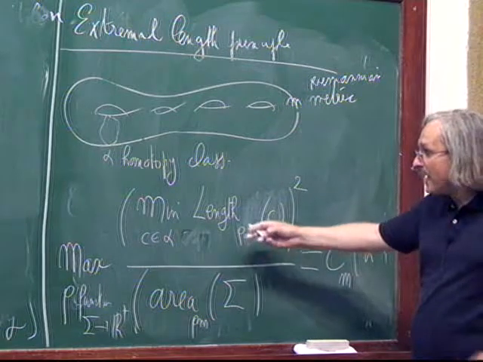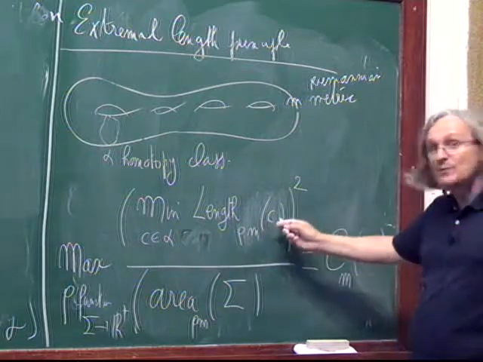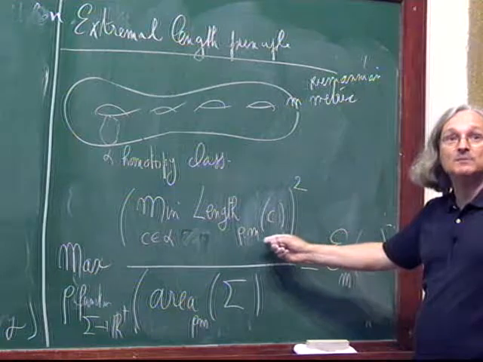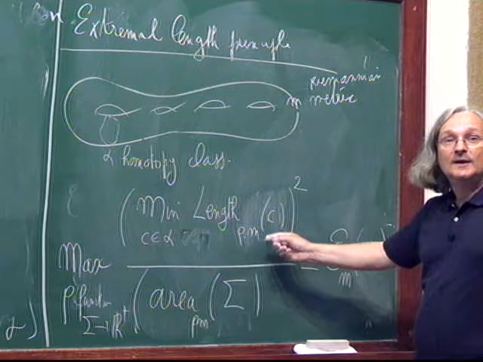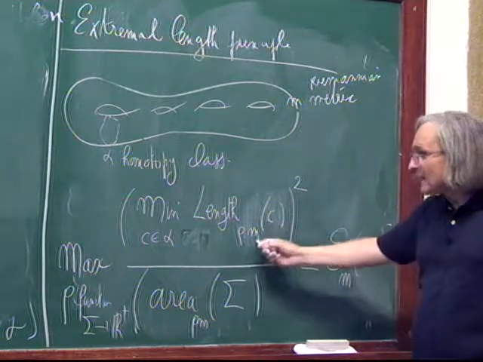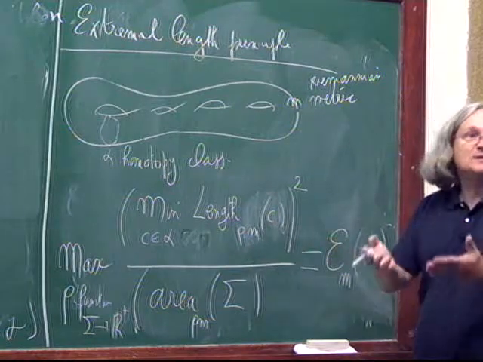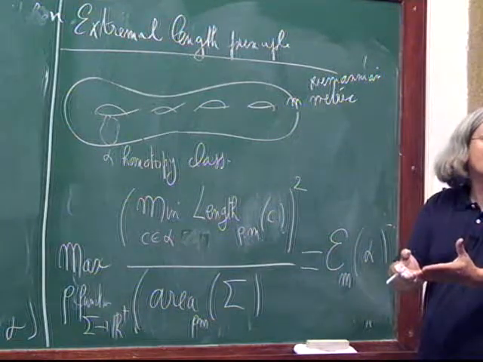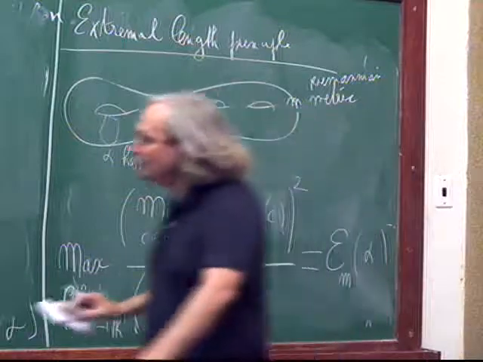And this gives you a bound for the length of the homotopy class in the hyperbolic metric. And the length of the homotopy class in the hyperbolic metric is given by the trace in SL2R. So you get an upper bound.